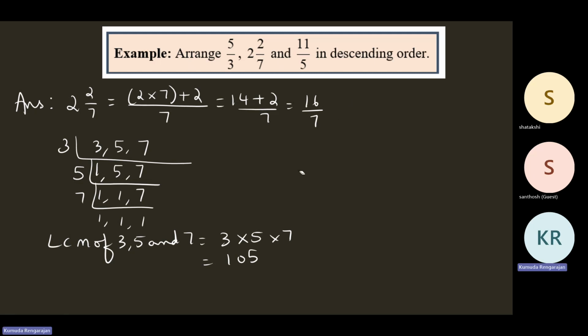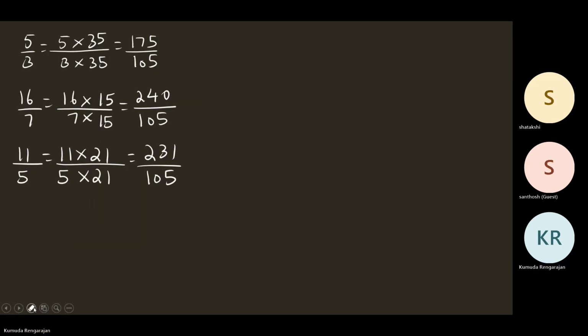Now you both have to tell me if you understood what we did here. You'll have to take up the fractions and bring them to the same denominator, which is the LCM, 105. When we found the LCM, we have the numbers 3, 5, and 7 here. When the denominator is 3, what are the remaining numbers? 5 and 7. 5 into 7 is 35. So multiply the numerator and denominator with 35. So we are writing equivalent fractions.